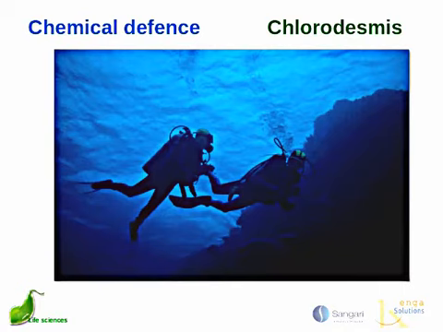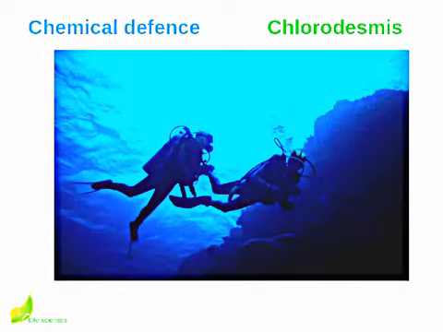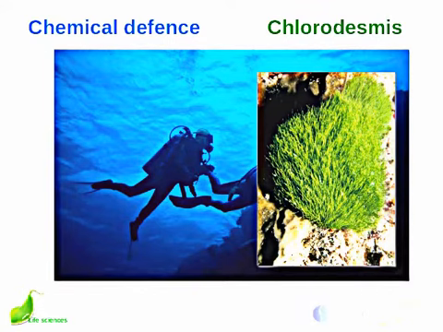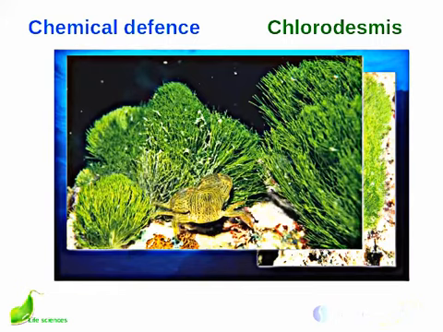But now come with me to Fiji, where I lived for a year and did some research. Come dive with me in the water there, because in the coral reefs of the Pacific Ocean, there is a green seaweed called chlorodesmus, and it produces toxic chemicals that prevent certain herbivores from grazing on it. Now there is a small crab. Can you see the small crab in the bottom middle of that picture?